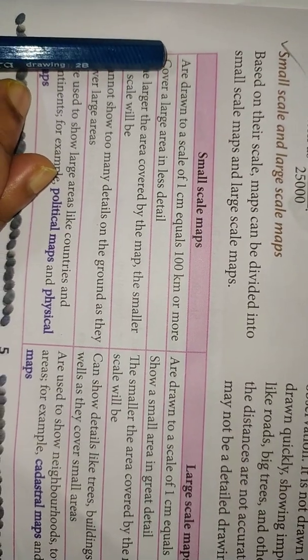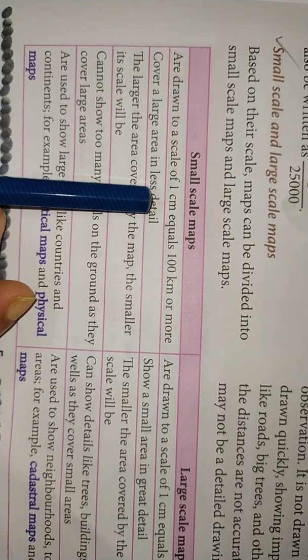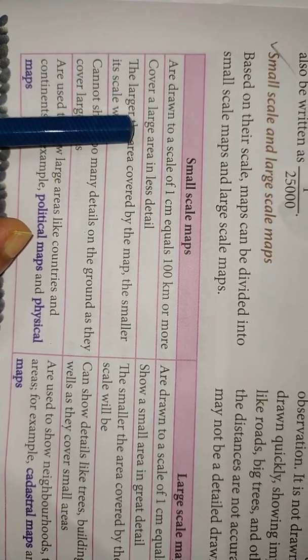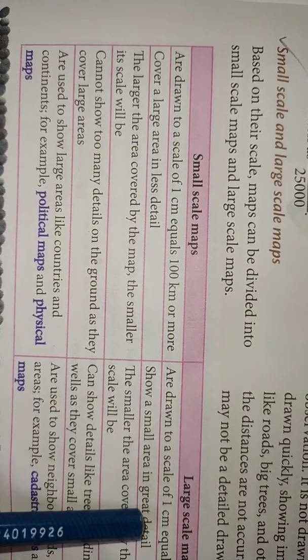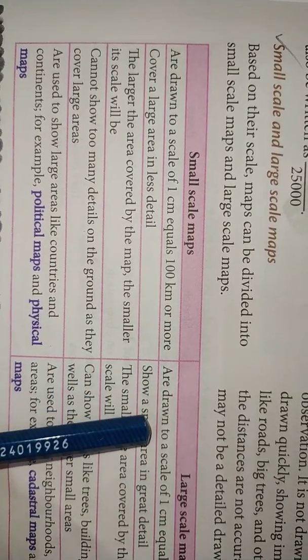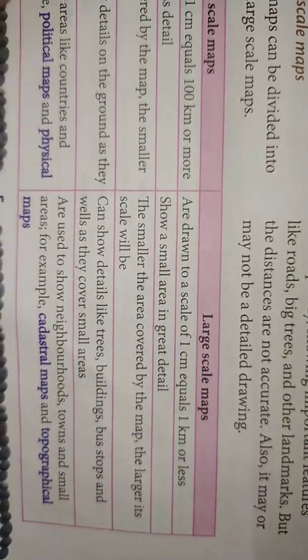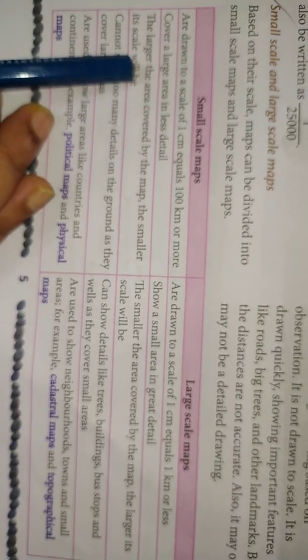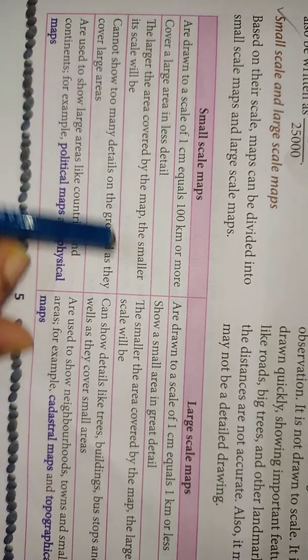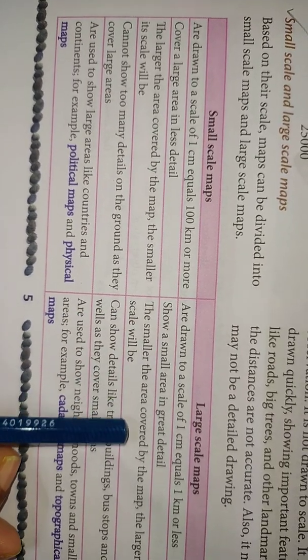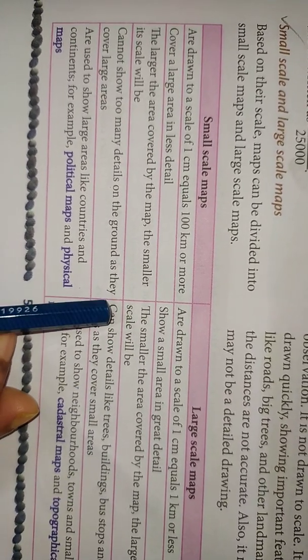Small scale maps are drawn to a scale of 1 centimeter equals 100 kilometers or more, cover a large area in less detail, and the large scale maps are drawn to a scale of 1 centimeter equals 1 kilometer or less. The larger the area covered by the map, the smaller the scale will be. But the smaller the area covered by the map, the larger the scale will be. So this is the answer of question number 3.